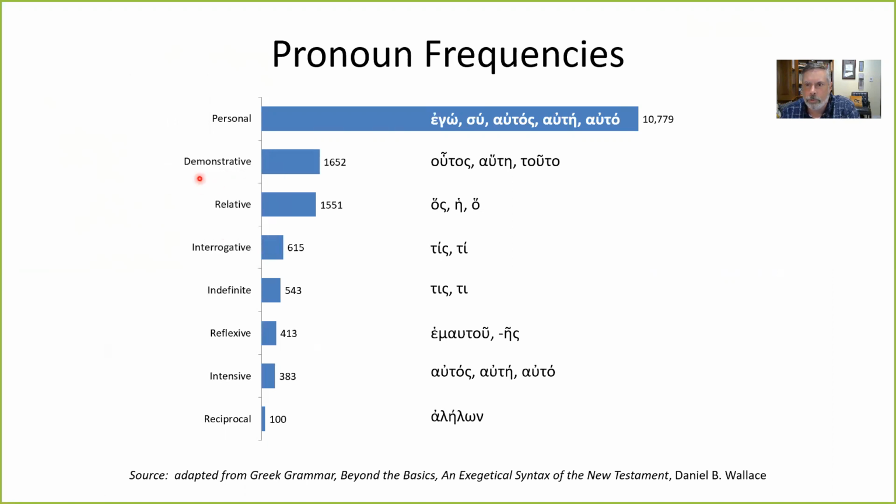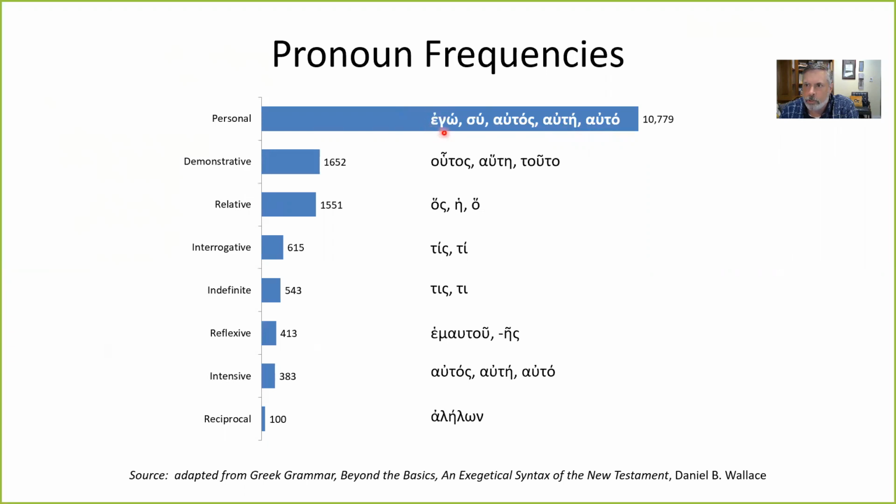For now, I'll use the pointer here. Okay, so ego is the first person pronoun, and then su, the second person pronoun. And then we're going to learn later today, in the next few minutes, autos, aute, auto, the third person.